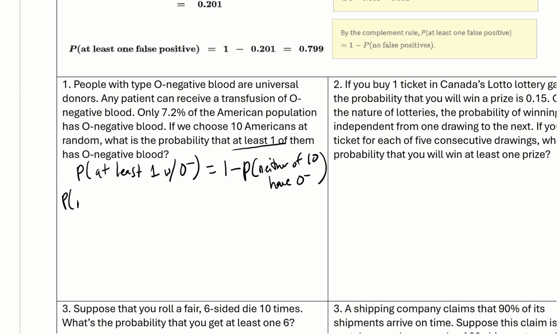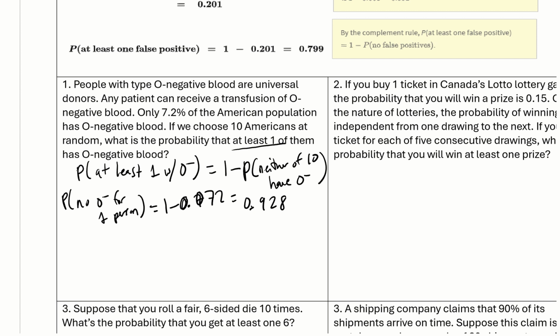So the probability of no O negative for one person is 1 minus 0.072, which is 0.928. Okay, so that's for one individual. And so now you want to do this for 10 people, right?